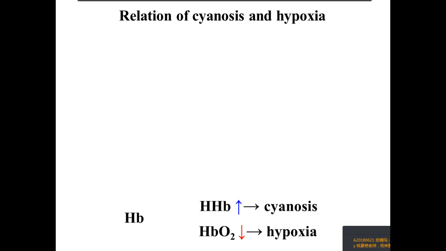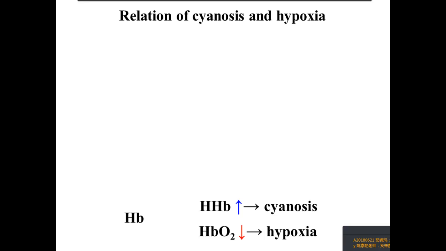Cyanosis is caused by increased deoxyhemoglobin. If oxyhemoglobin decreases, oxygen supply decreases and hypoxia happens.